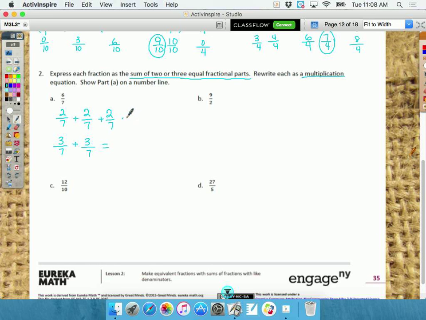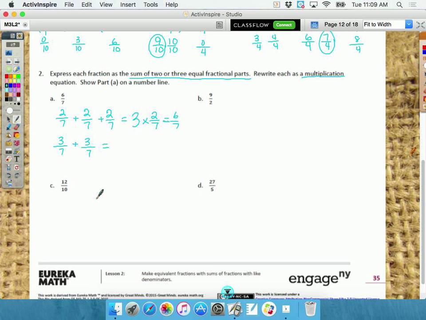Okay, now, how would I write this as a multiplication problem? 2 plus 2 plus 2. That's the 3. 3 copies of what? 2 sevenths. 2 sevenths equals 6 sevenths. Are you writing this down? Yeah. Okay. How would I write this as multiplication, Tristan?